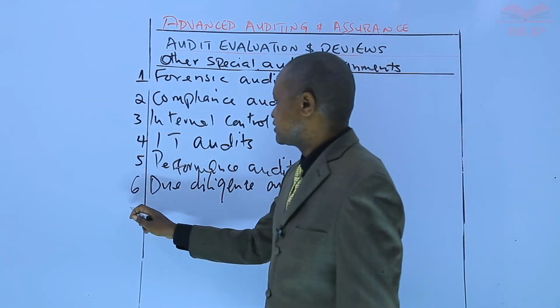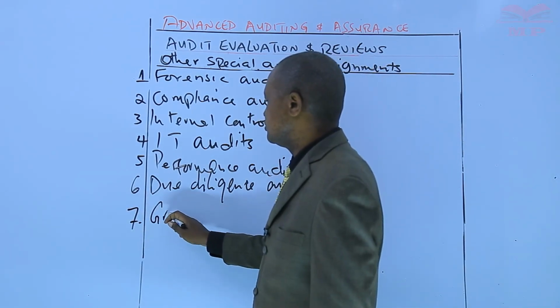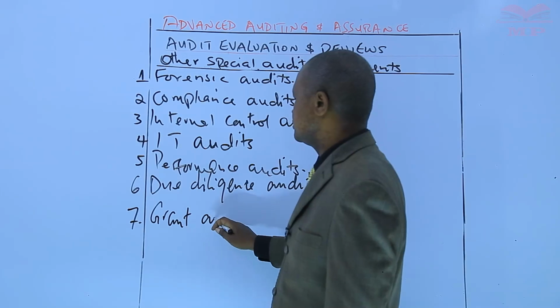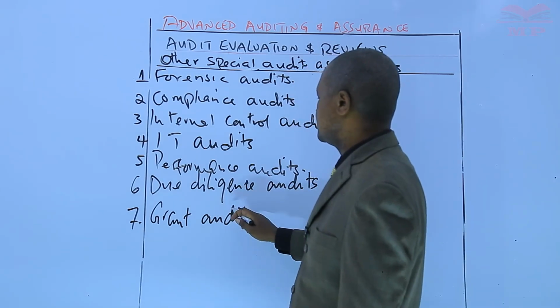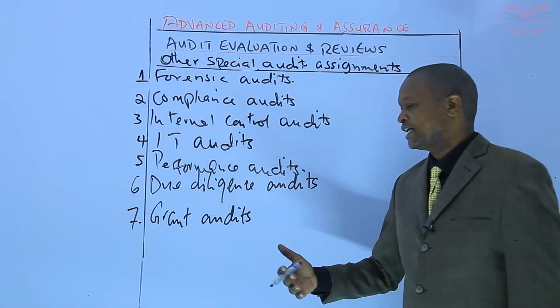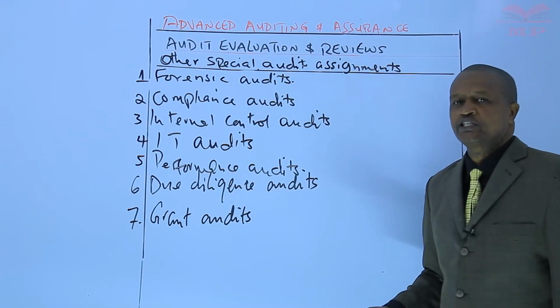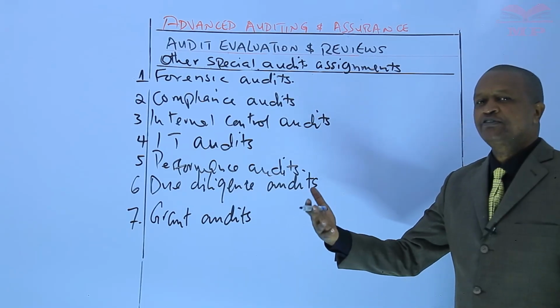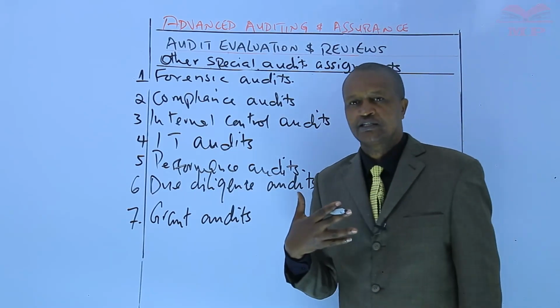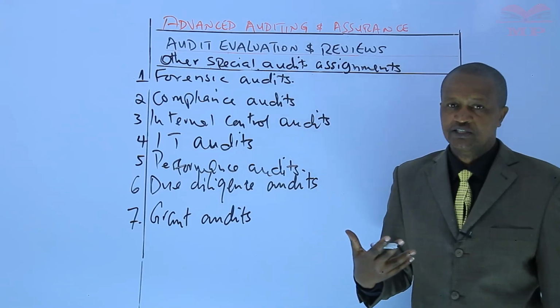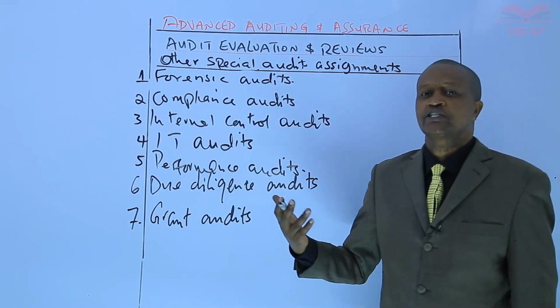Grant audits, number 7, is another example. Grant audits are performed on an organization that receives funding or grants from government agencies or from foundations or any other sources.